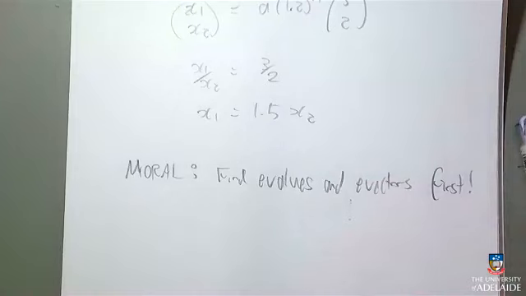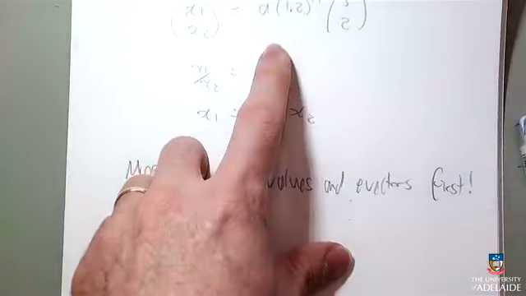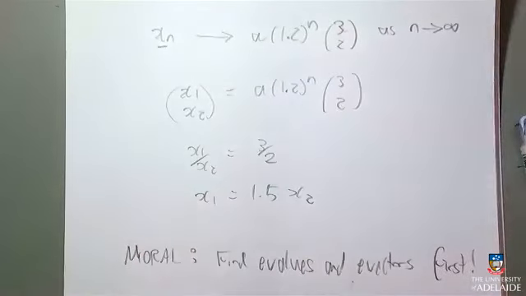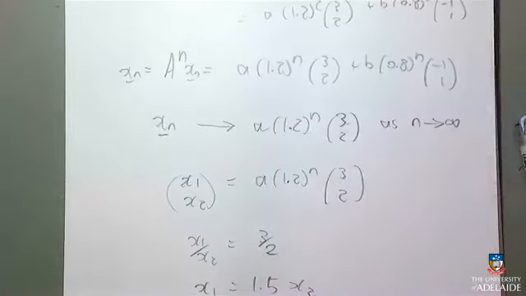All right? And you don't actually need to figure out what this little a and little b are. You can do all of your working with just letting them be round numbers. You don't have to write anything as a linear combination of anything else, because it'll all disappear by the end when you do the n going to infinity.